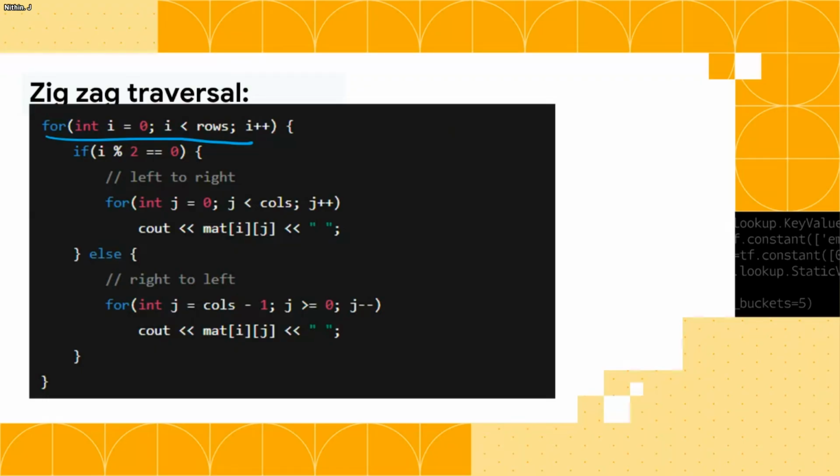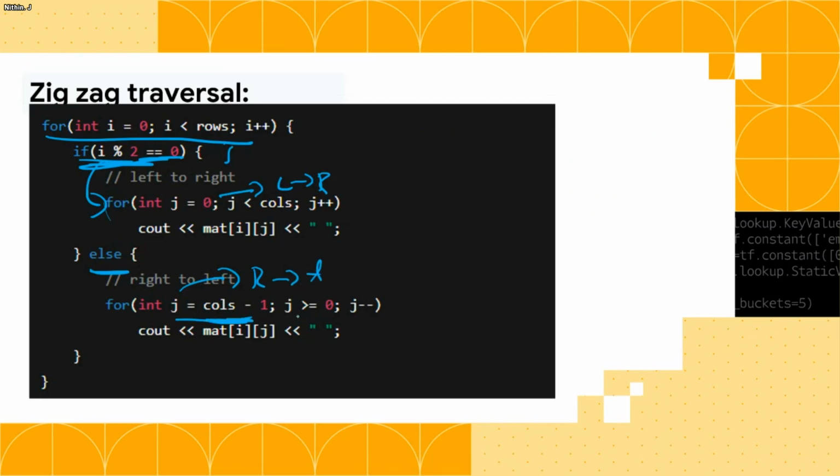So basically, we have the row for loop that will access the row, and I have a check, where I'm going to see if my current i is even or not. If it's even, I'm going to run a for loop and do the traversal from left to right. If my current row index is odd, I'm going to do right to left traversal.